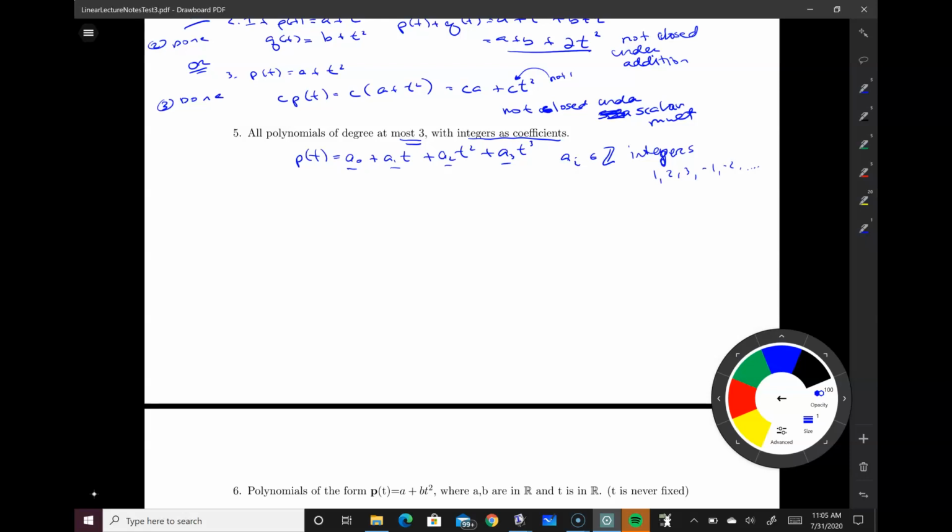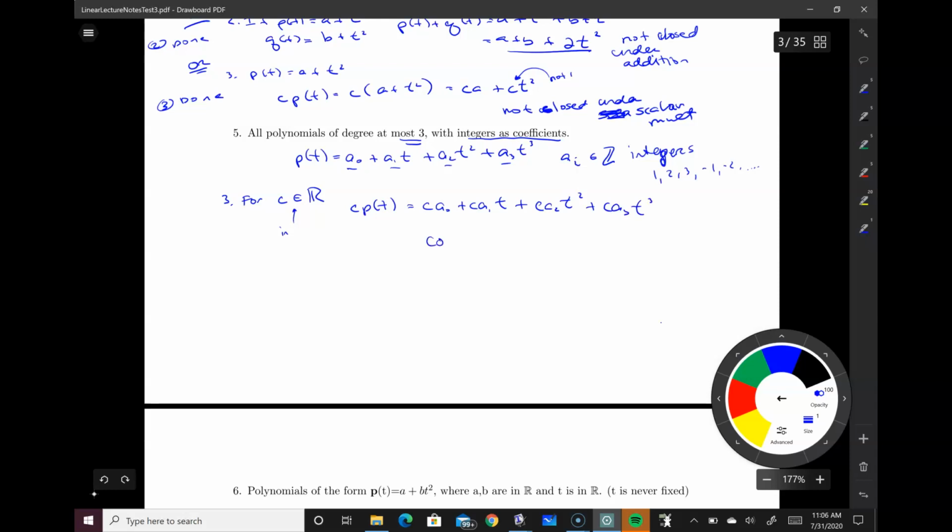Okay. So I'm going to go right to the one that I know is not going to work: criteria number 3 for the scalar c. Remember, this means the scalar c is in the real numbers, right? If I take c times p, this will give me ca0 plus ca1t plus ca2t squared plus ca3t cubed.